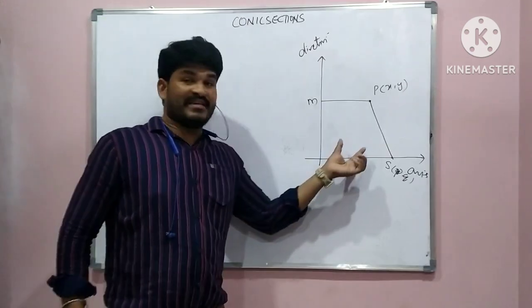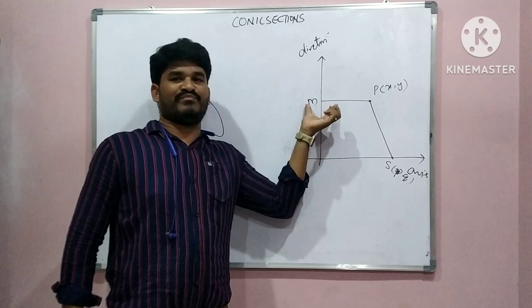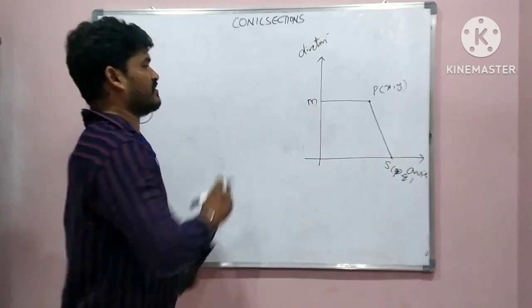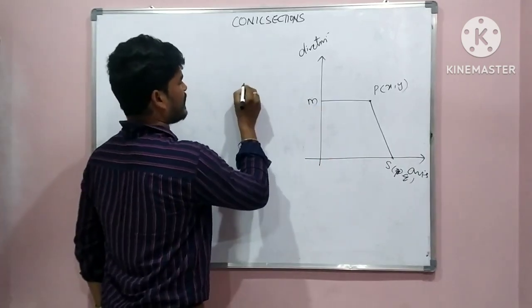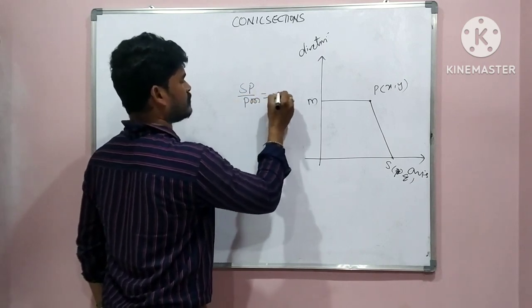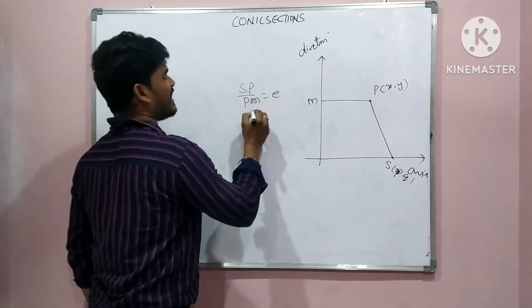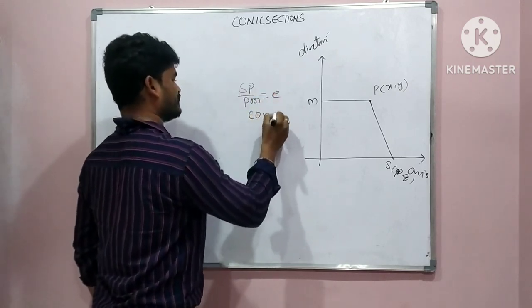The constant ratio of SP and PM is called the eccentricity of the conic, that is, e = SP divided by PM. This is called a conic.